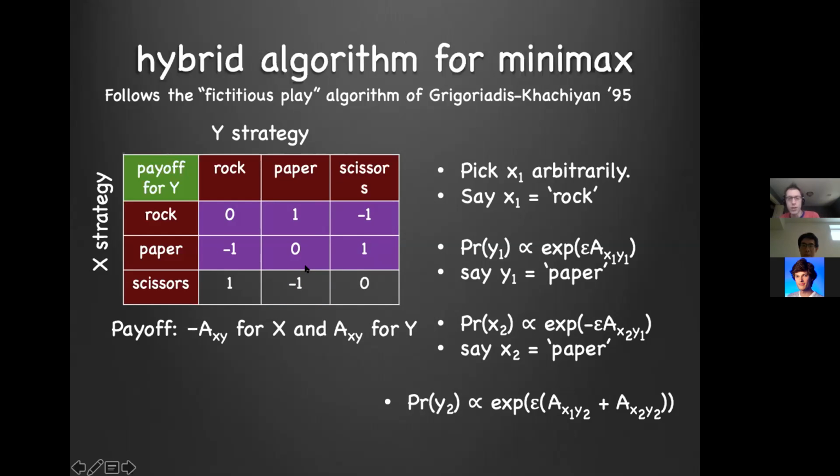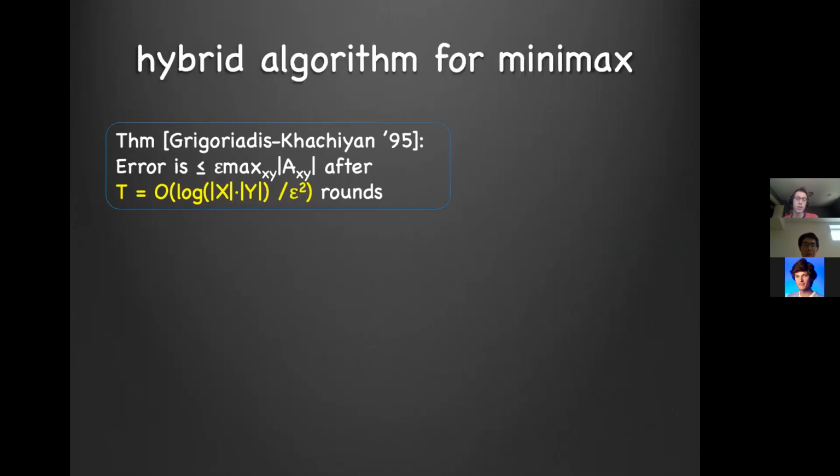And as you do this over many rounds, you build it up, you start repeating rows. And so the good strategies are going to get repeated a bunch of times. And this is going to converge exponentially towards an approximate equilibrium. And what Grigoriadis and Khachiyan showed is that to get an error that's like epsilon times the largest entry in the payoff matrix, the number of rounds goes like the log of the strategy set divided by epsilon squared.